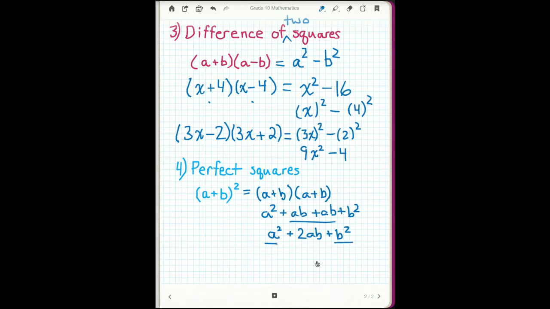We've got the A squared plus the B squared, but we also have this middle term where we take A, multiply it by B, and then put the 2 out in front. So again here, we're going to erase the workings, and we're going to work on memorizing this pattern so that we can do expansions a little easier and not have to always do FOIL. So this is A squared plus 2AB plus B squared.